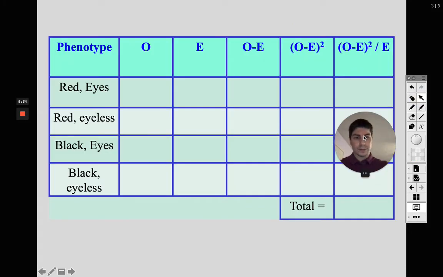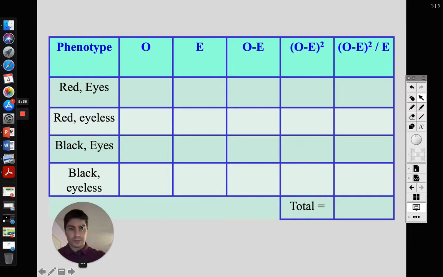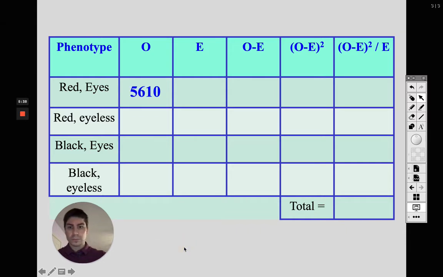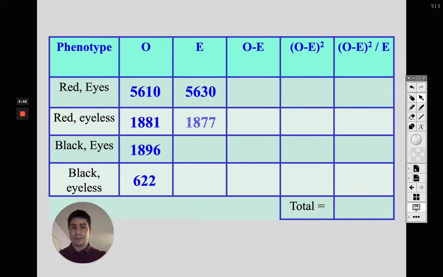So now let's fill in our chart for our observed. Those are our original numbers, and our new numbers that we came up with from the proportions, we're going to subtract them. I know we get negative numbers here for some of them.